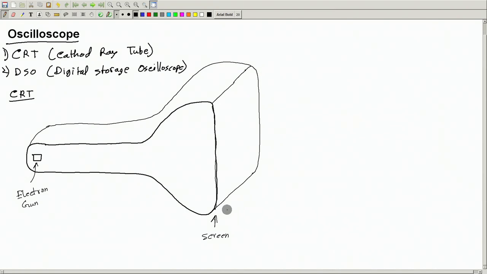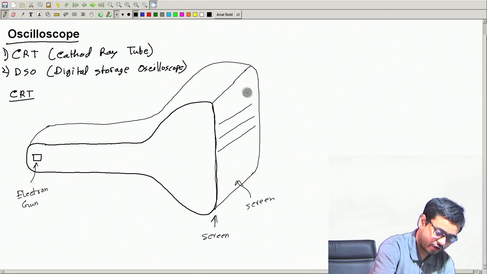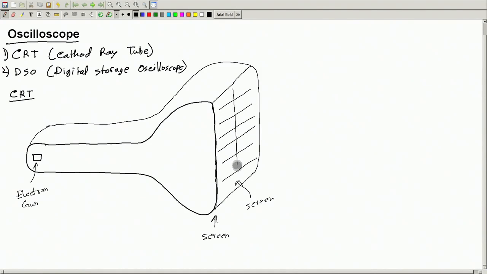So, this is the screen, and you generally have these markings, divisions like a graph paper, on the screen. Okay. And you may have seen nice patterns like a sine wave or anything on the screen. This is what is displayed, but what is there inside?